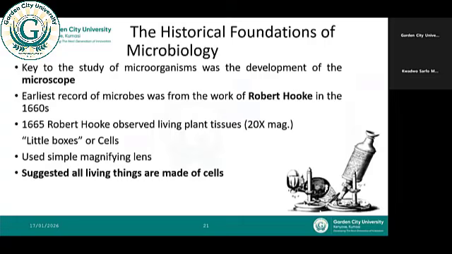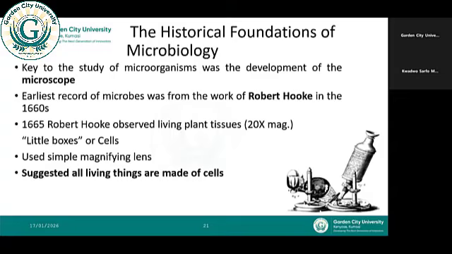So the field of microbiology became dominant when Robert Hooke invented the microscope, and he was able to document what he saw. He said that living organisms contain little boxes, something that looks like honeycombs, called cells. So that's how we got the name cell.